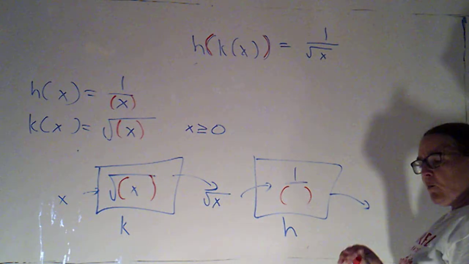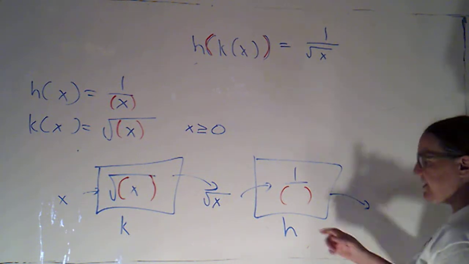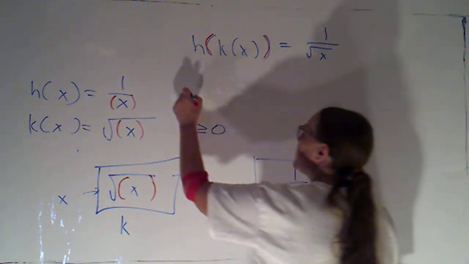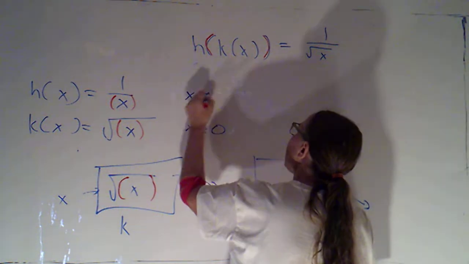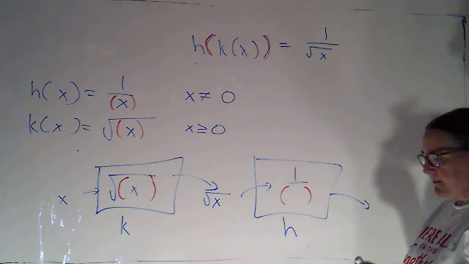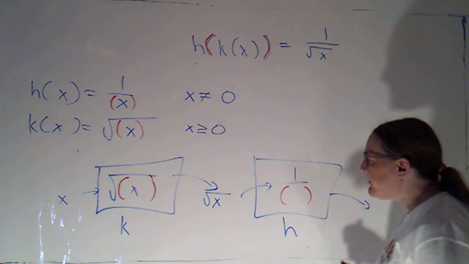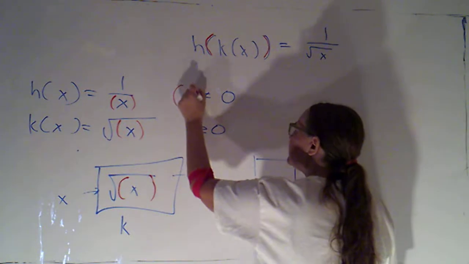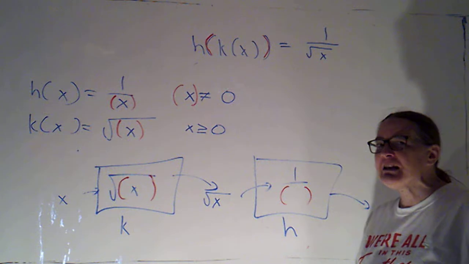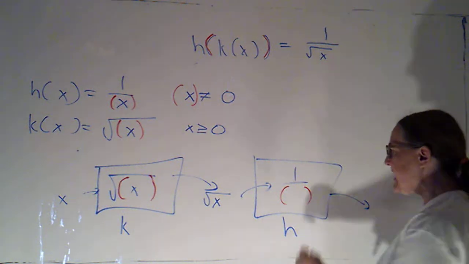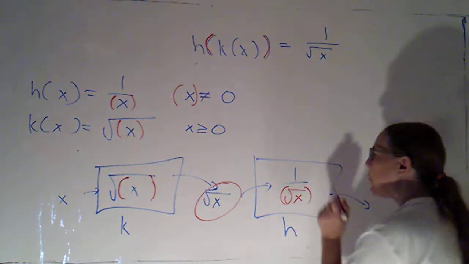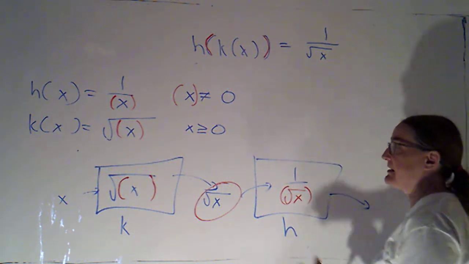Now, h was the reciprocal function, so the domain there was that x can't equal 0. But what I need to remember is that with all functions, x is just a placeholder for whatever my input was. And my input to h is the square root of x.